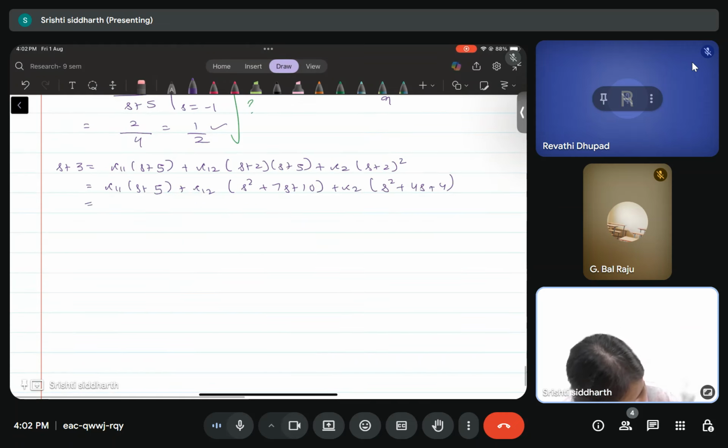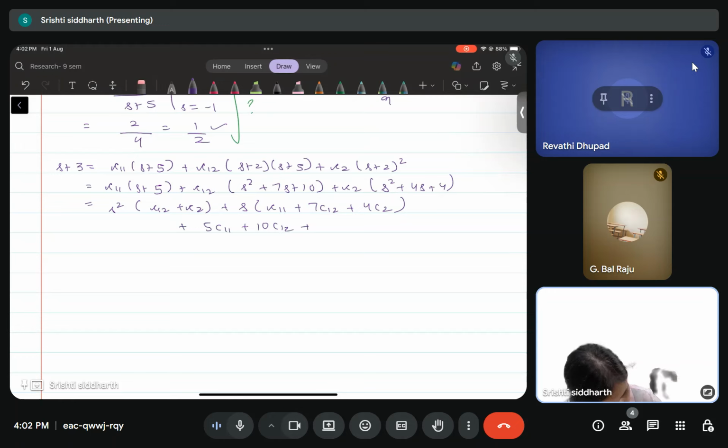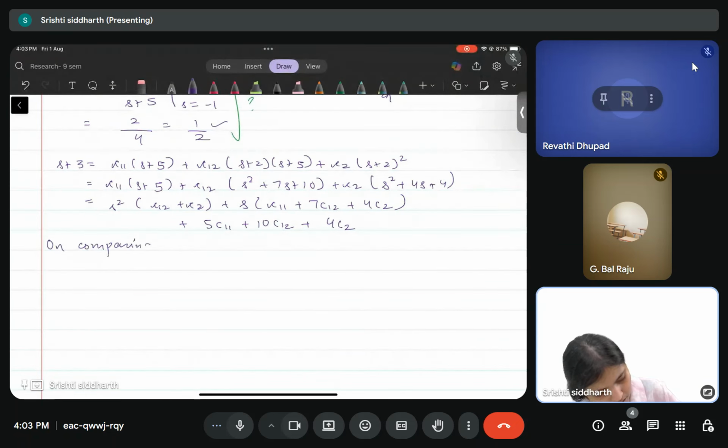Okay, so the coefficients of s squared are going to be C12 plus C2. For s it is going to be C11 plus 7C12 plus 4C2. Then the constant terms are going to be 5C11 plus 10C12 plus 4C2. Questions?